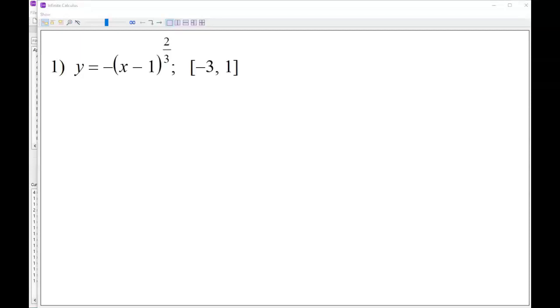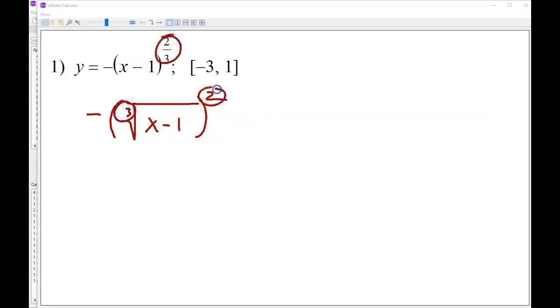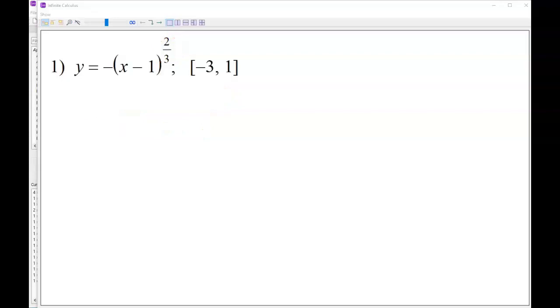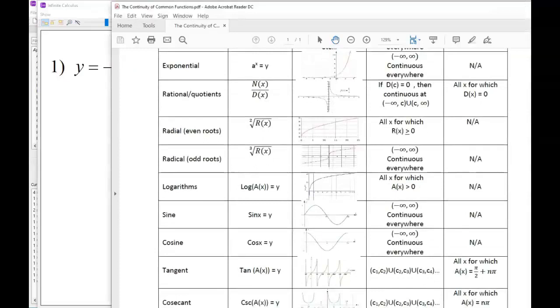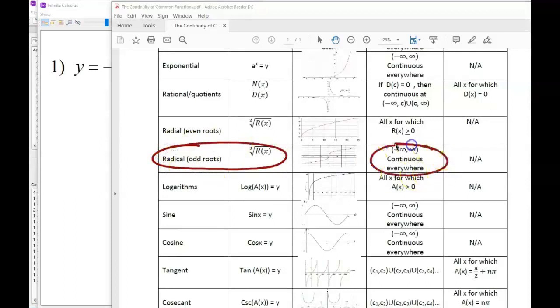But this function here, if you rewrite it a little bit, is actually a cube root function which is being squared. That's what a 2/3 power is. It means you're taking the cube root of a function that's being squared. Since it is primarily a cube root function, we would look here at radical odd roots, and what we discern is that they are continuous everywhere.